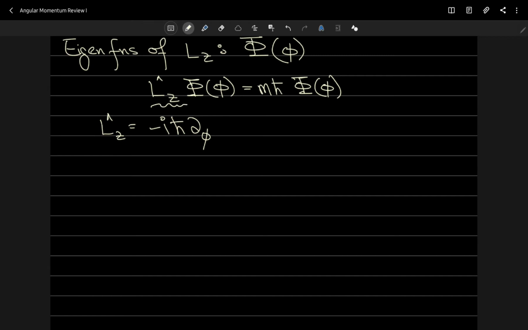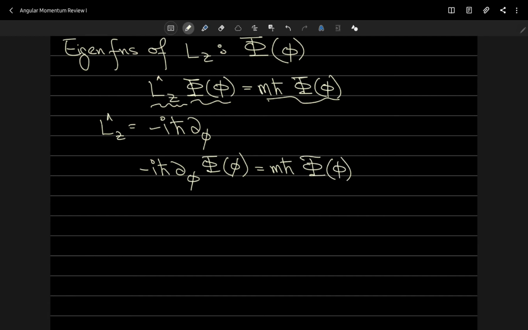Let's substitute this thing in this. So what do you get? You get negative iota h bar partial derivative with respect to phi of phi is equal to this whole thing, which is m h bar phi of phi.